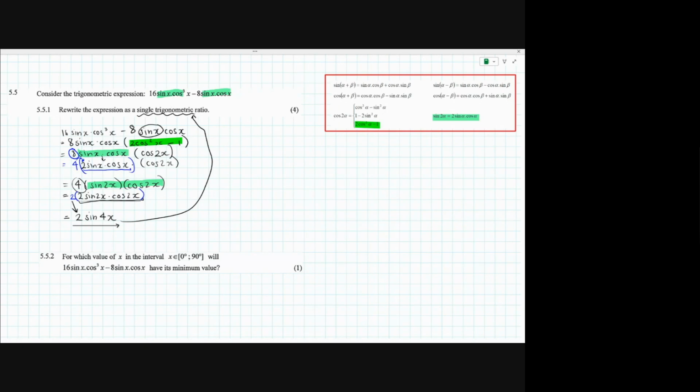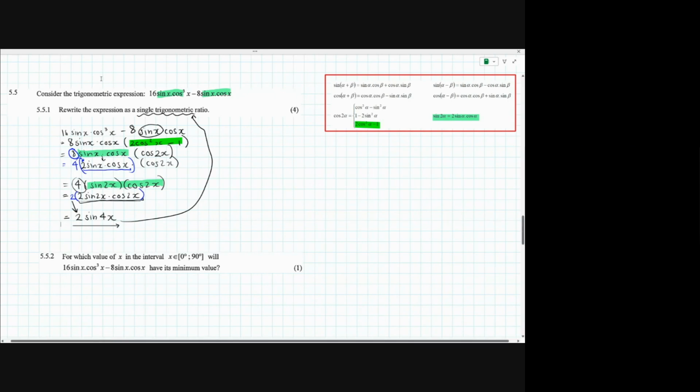So again, look out for things that are familiar. Look out for your double angles. You have a formula sheet with you in your exam, so have it next to you, rip it off the pack, whatever you need to do, and start identifying these things that look like the identities that you can now apply here.